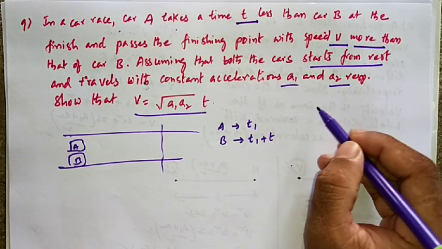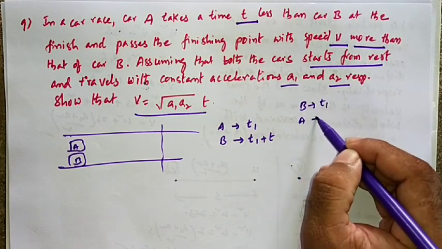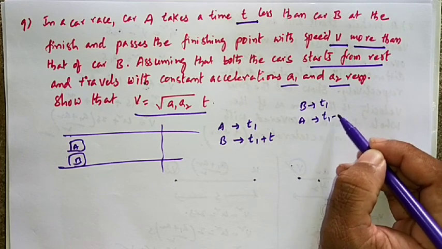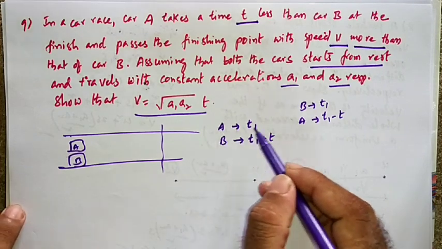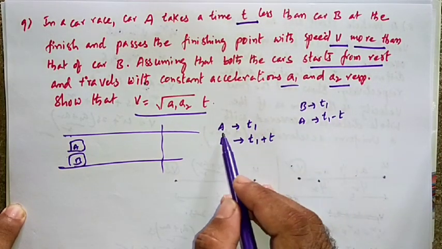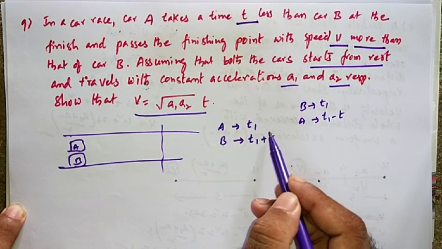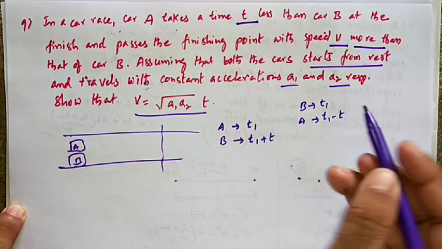Got my point? You can take it another way. If car B takes something, t1 time, then A takes how much time? t1 minus t time. Both are same. Here I am taking car A takes t1 time, B takes t1 plus t. Okay, how much does car A take? Less than t seconds only, na? t1 plus t minus t, then t1 seconds. Okay, both ways.